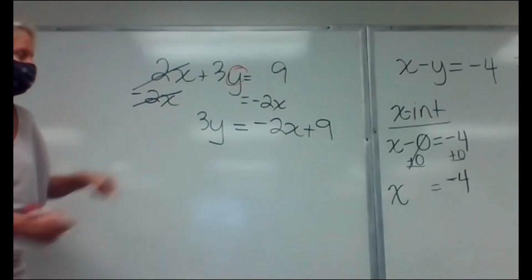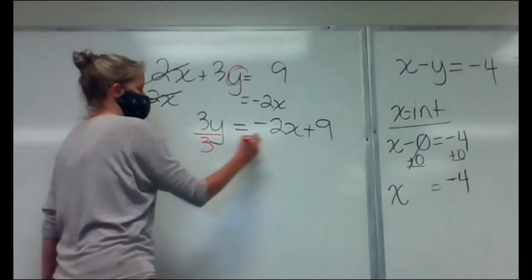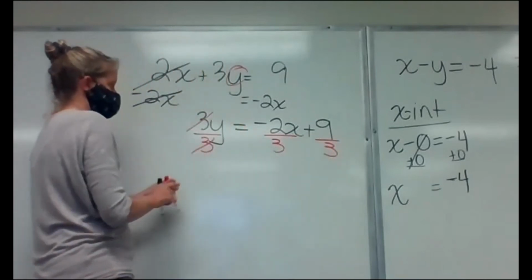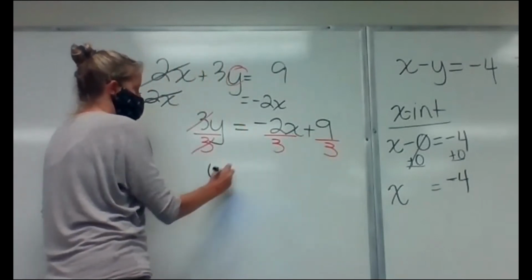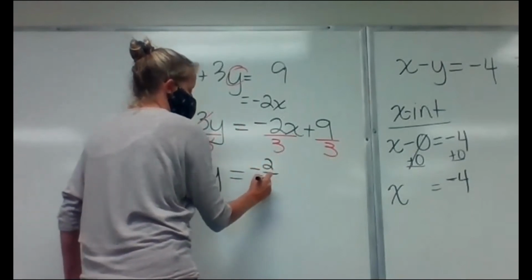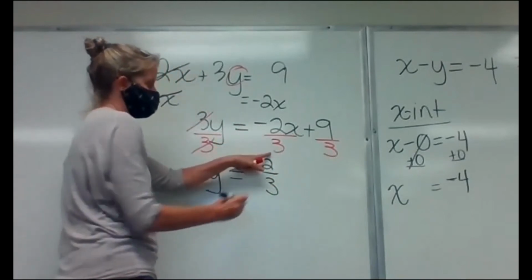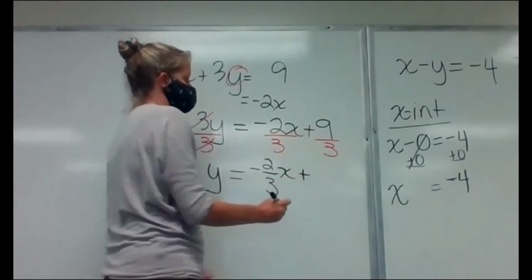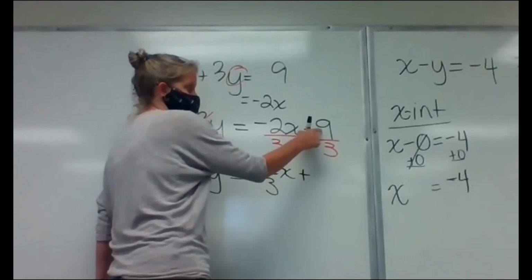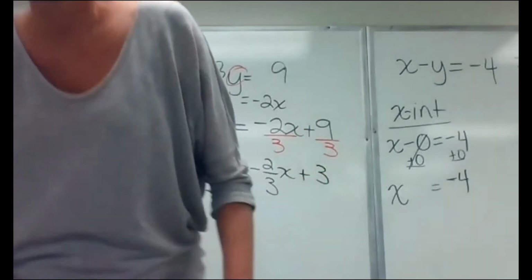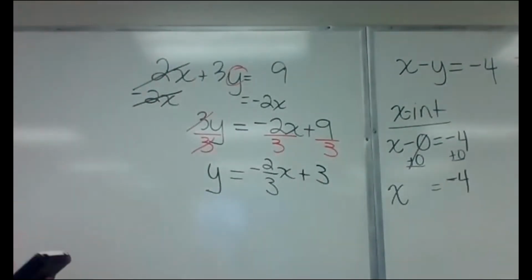To get rid of this 3 that's hooked onto the y. So y equals -2/3, that just doesn't reduce, x plus 9/3, that does reduce, right? When we're dividing, 9 divided by 3 is 3. So there's my y equals that I will take.